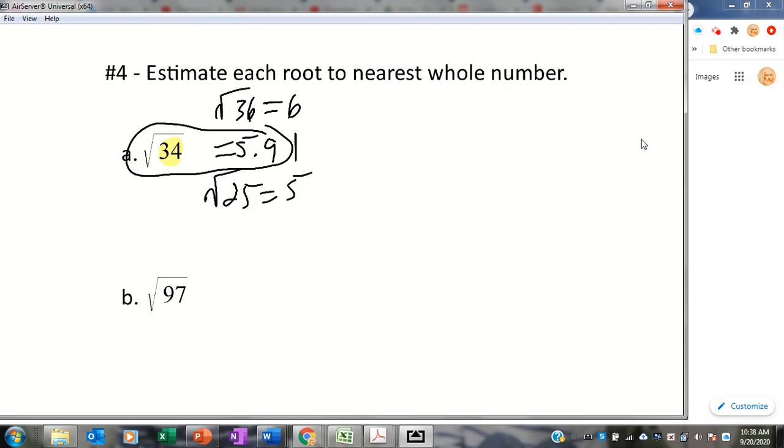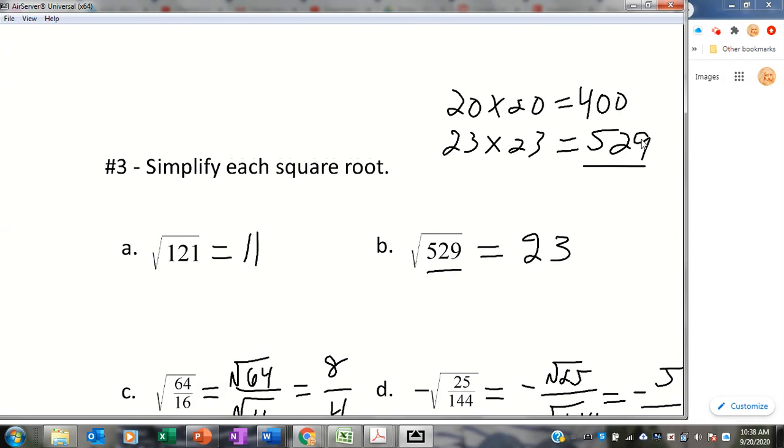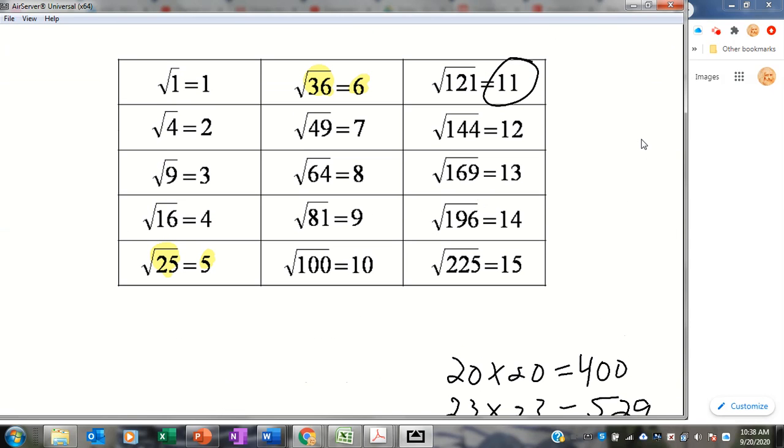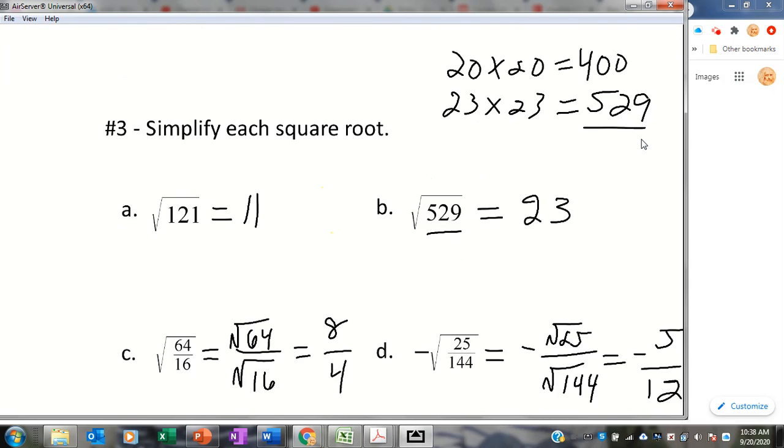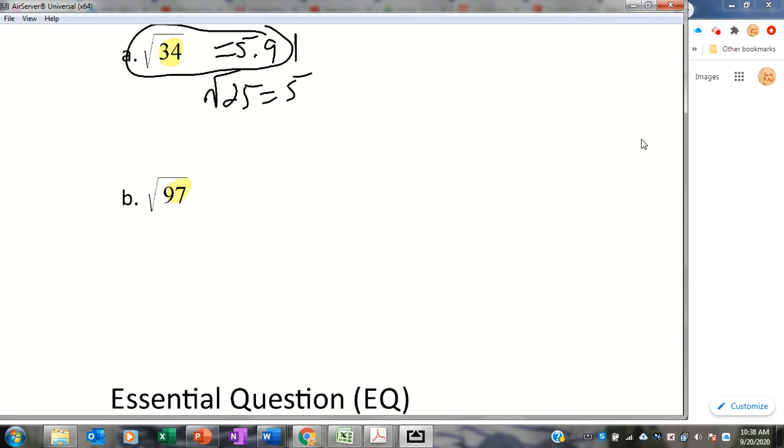Now, for the square root of 97 in our next one, we've got to figure out what two perfect squares 97 falls in between. So if we go back up here, you can see we have the square root of 97. 97 is smaller than 100, but it's bigger than 81. So there's our two. We have the square root of 81 and the square root of 100. So we're going to write those two down.